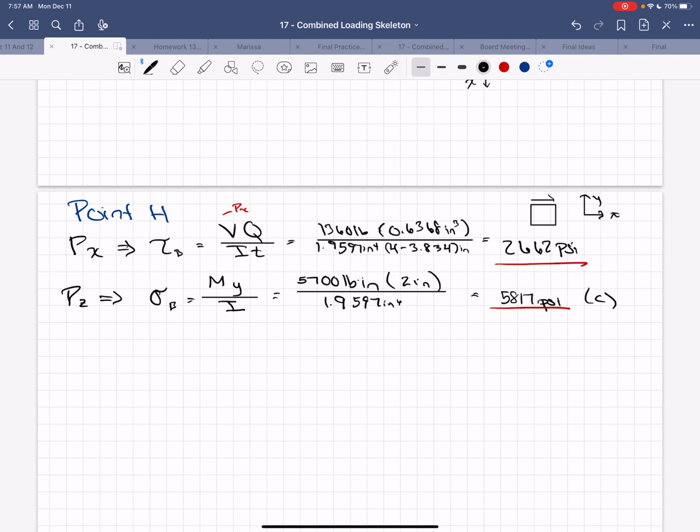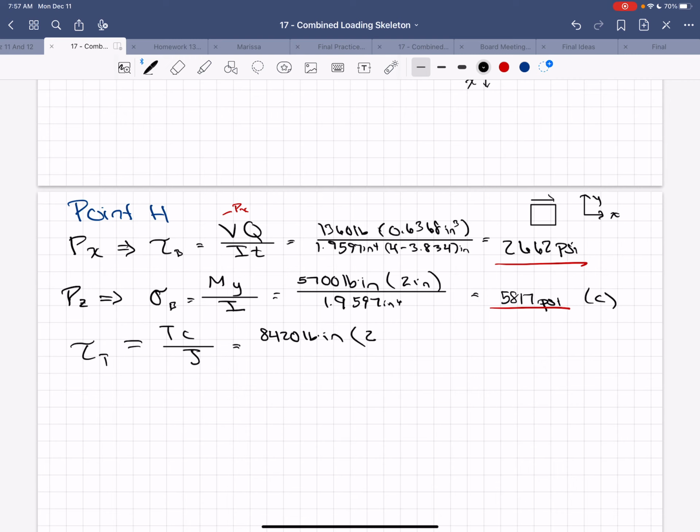Okay, then we have the shear stress from the torque, which is caused by the moment around Y. That equals the torque times C all over J. They gave us the torque equals 8,420 pounds times inches.